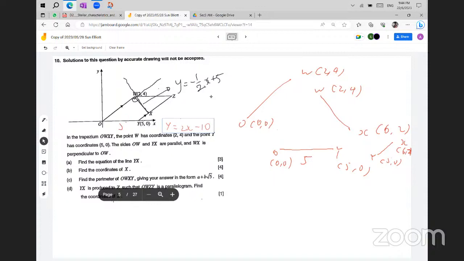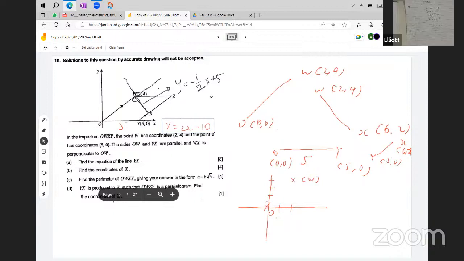Now I'll show you how we can find the length of a line. If we plot it into a graph, this is 0, and then 1, 2, 3, 4. This is O, and this will be W.